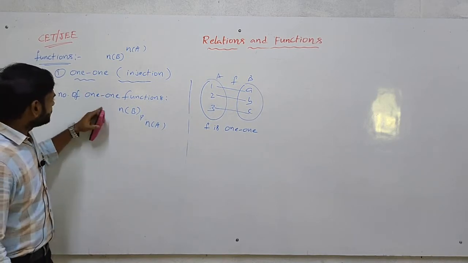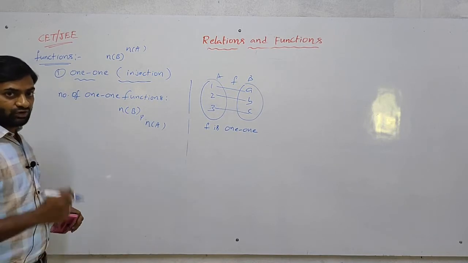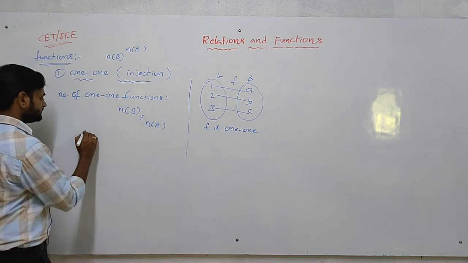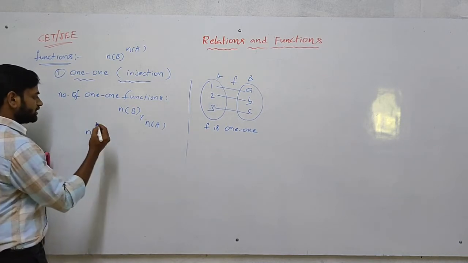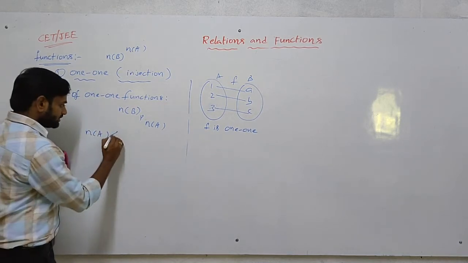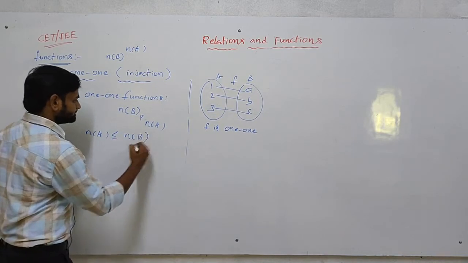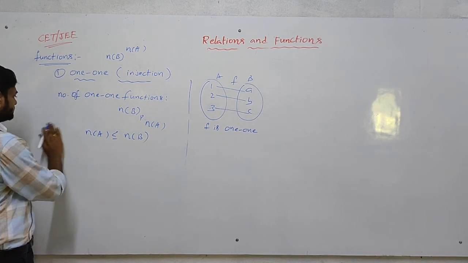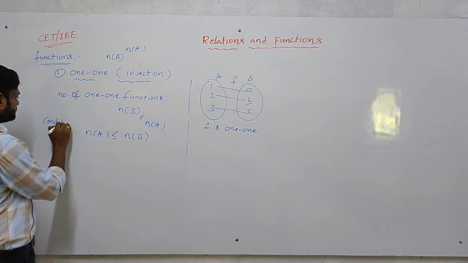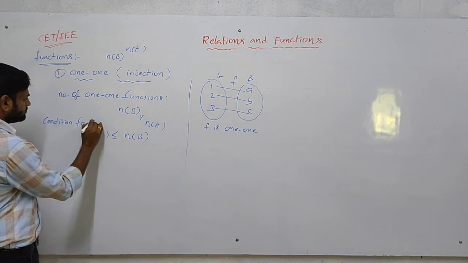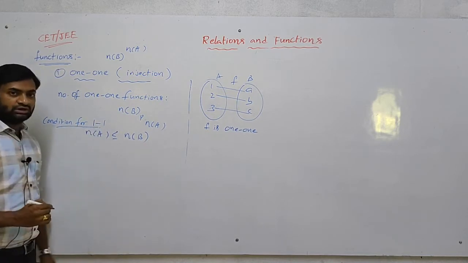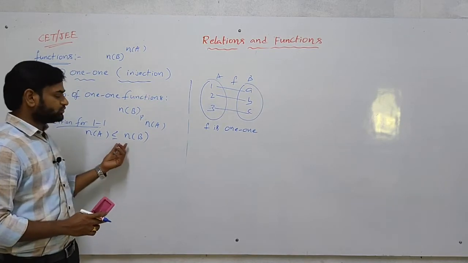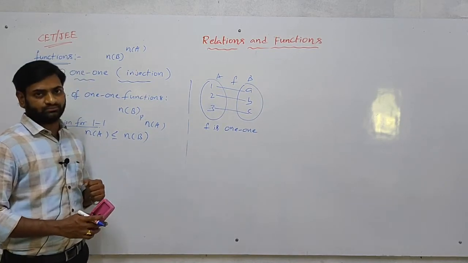Now, for the function f from A to B to be 1-1, what is the condition? The condition is n of A is less than or equal to n of B. Condition for 1-1. The condition for f to be 1-1 is n of A less than or equal to n of B, compulsory.